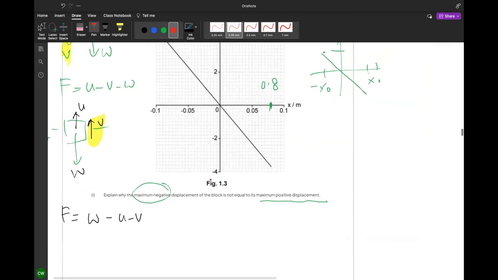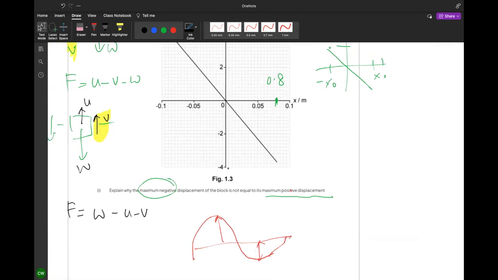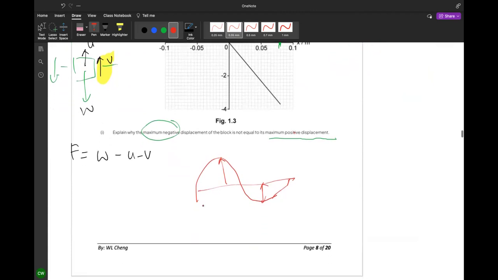So they're asking about why is it different? Because this one up, meaning the other one is down. Why the amplitude is different is because of the damping. So damping, that there is a damping due to what? Due to this force. What do you call this force? It's called the viscous force.